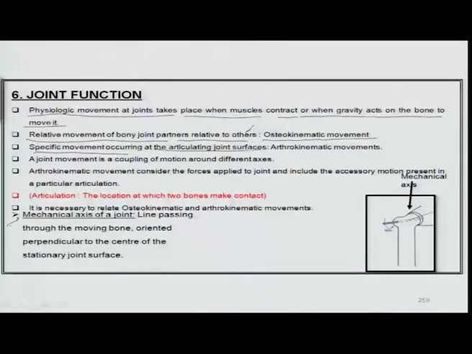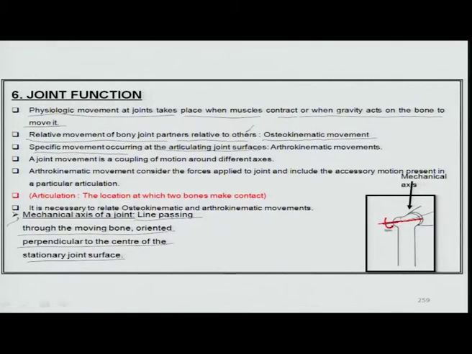If I look at a joint and try to figure out the mechanical axis of a joint, this will typically be a line passing through the moving bone, oriented perpendicular to the center of the stationary joint. For example, you can see that in this joint a rotational motion is being executed in the form of a spin across this particular axis, which is actually the mechanical axis around which the joint exists.